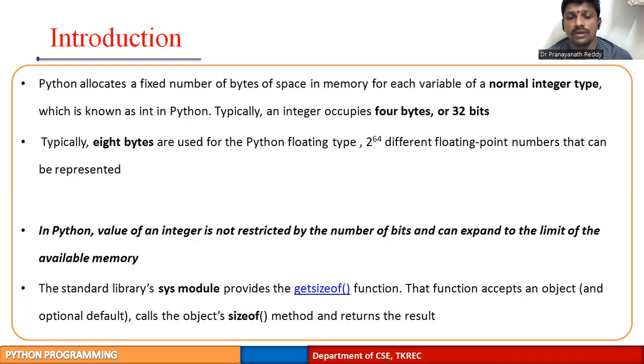Okay. So to know the size of the memory, how much space has been allocated, we can use the sys module, which provides a function called getsizeof. By using that, you can know how many bytes have been allocated for a variable.